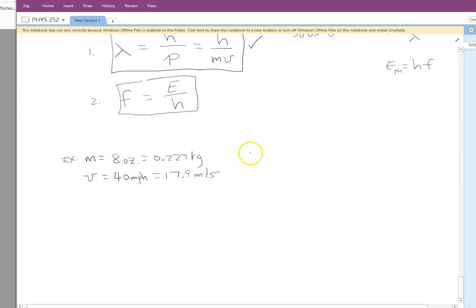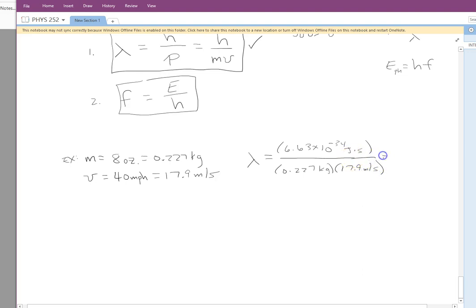So we can treat, supposedly, the softball as a wave where the wavelength would be h over mv. So we have 6.63 times 10 to the minus 34 joule seconds over 0.227 kilograms times 17.9 meters per second.